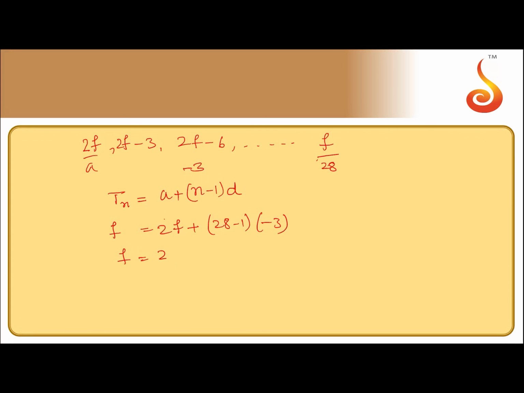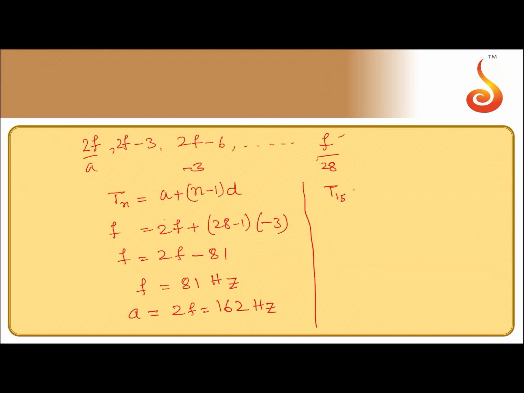So F is equal to 2F minus 27 3s, which is 81. So you get F is equal to 81 Hertz, the frequency of the 28th tuning fork. So the first tuning fork A is 2F, that is 162 Hertz.